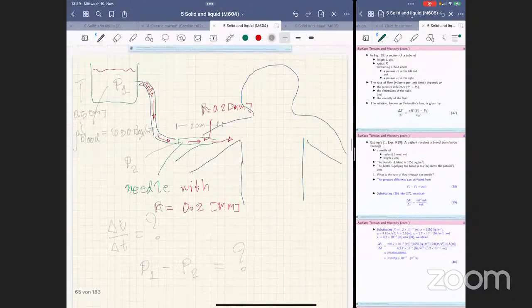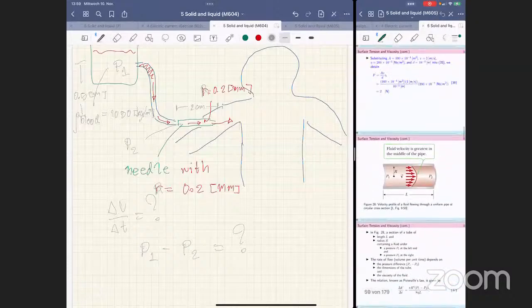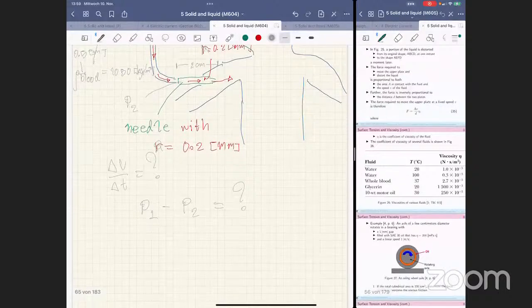We know the viscosity of the blood from this table, whole blood at the typical body temperature of 37 degrees Celsius. So the viscosity of the blood is 2.7 times 10 to the negative 3 Pascal second, right?